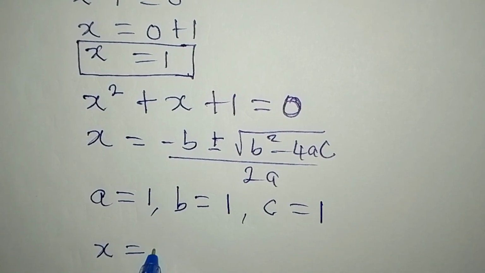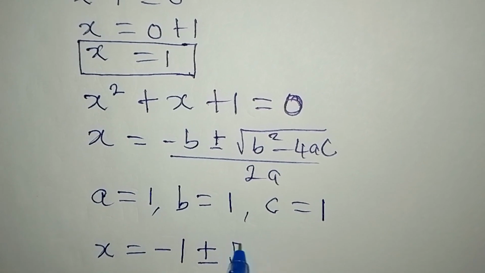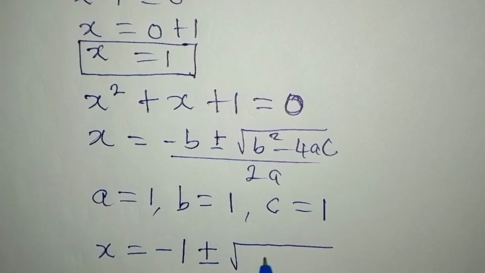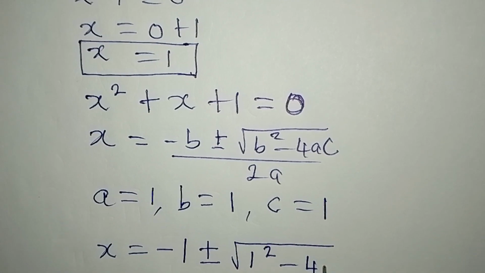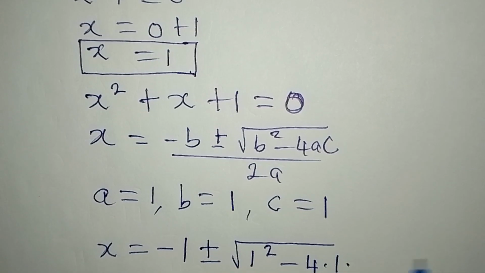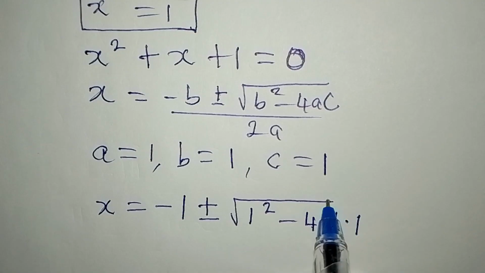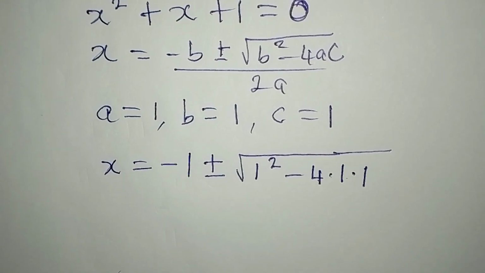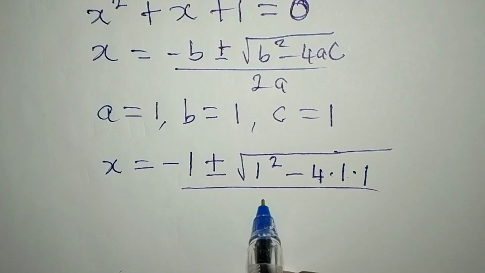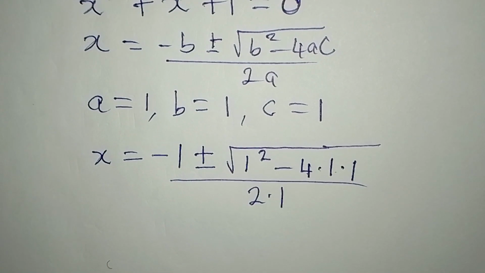x will be equal to minus 1, because b is 1, plus or minus b squared will now be 1 squared minus 4 times a times c. This means that both a and c are 1. So we divide this by 2 times a, and a is still 1.